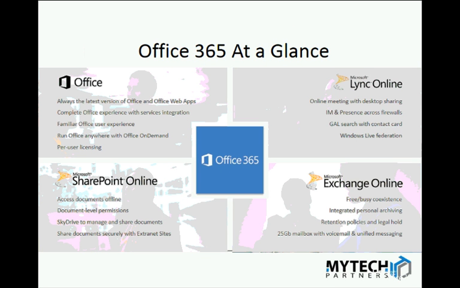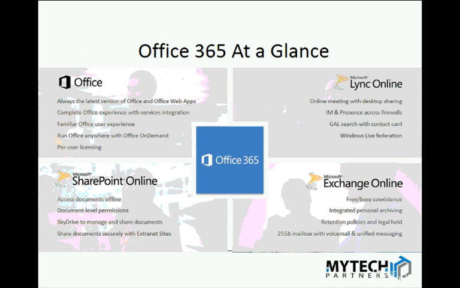So let's just take a real short peek at what this is before I turn it over to Samir for the demo, and then we'll have a Q&A afterwards, and I think Nathan has a few questions for us that we'll want to answer. So Office 365, the full version, you always have the latest version of Office. You've got Office web apps too, so if you don't even have the full version of Office or you're on the road, you've got the version too.